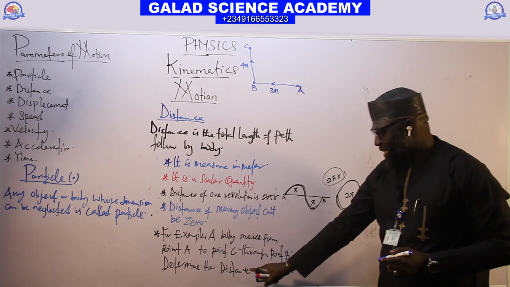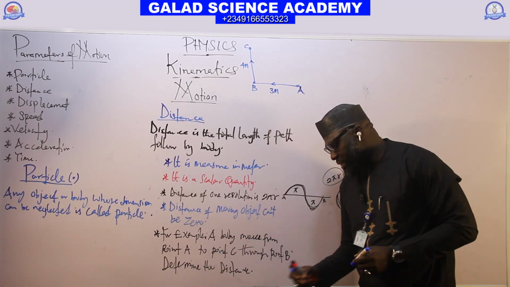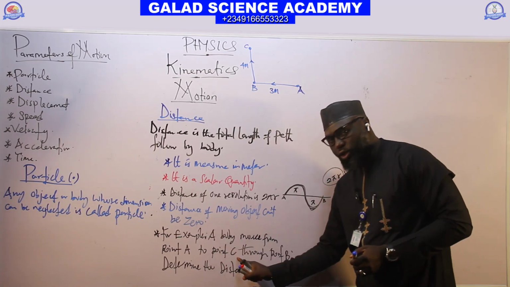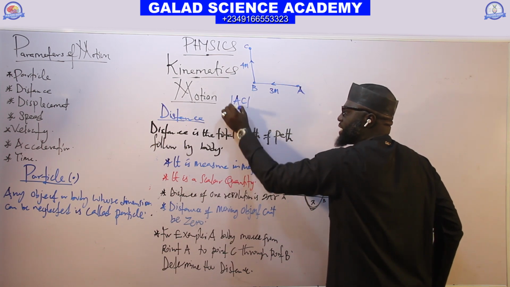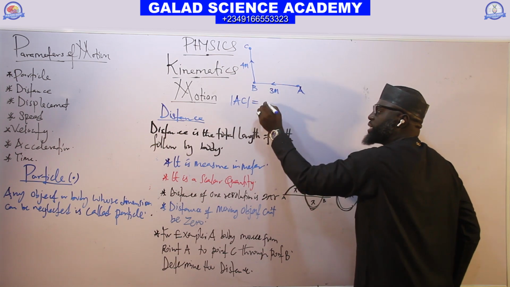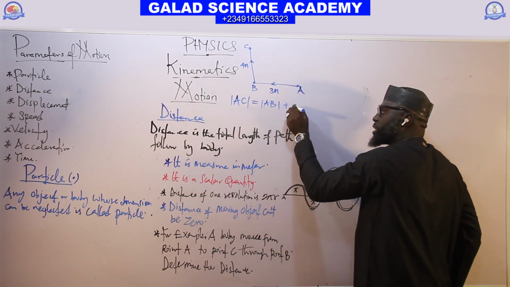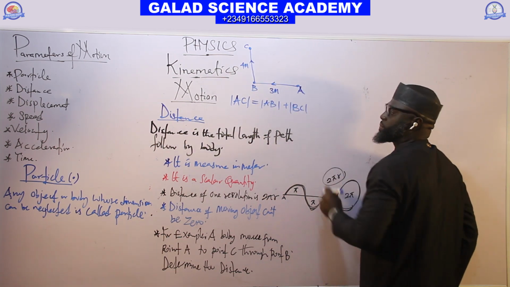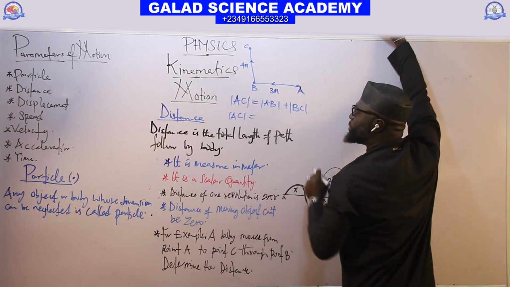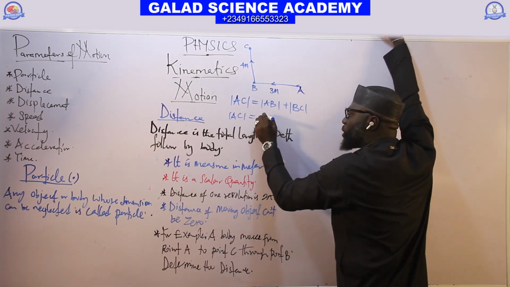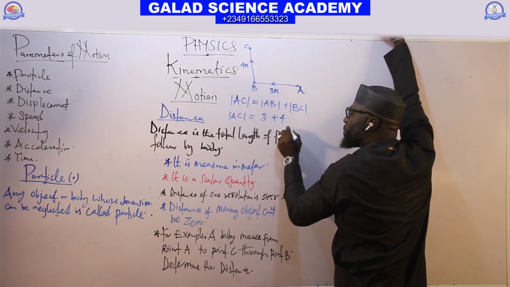Determine the distance of the body that moved from A to C. The distance AC is equal to the distance from A to B plus the distance from B to C. AB is 3 meters plus BC, which is 4 meters.